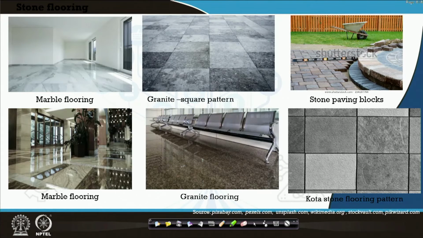Stone paving blocks have been used for an outdoor area, whereas Kota stone flooring is used here again in another outdoor setting which is unpolished. So depending on where you are using it, it is very important what kind of stone you are recommending.